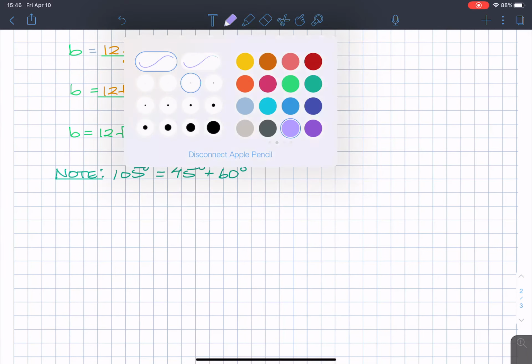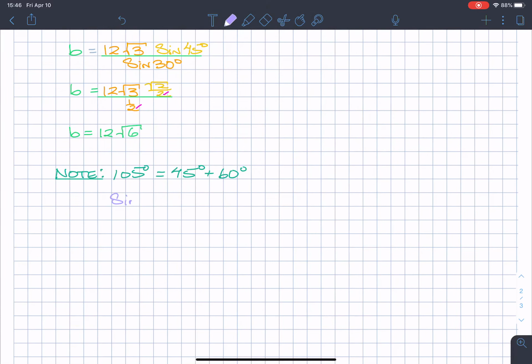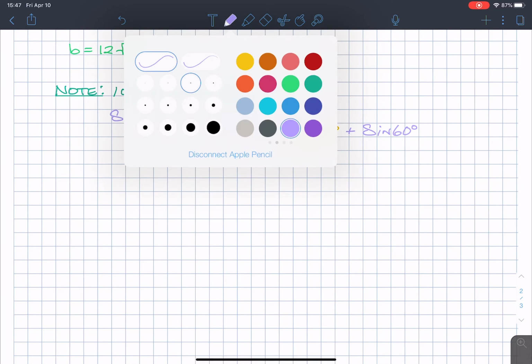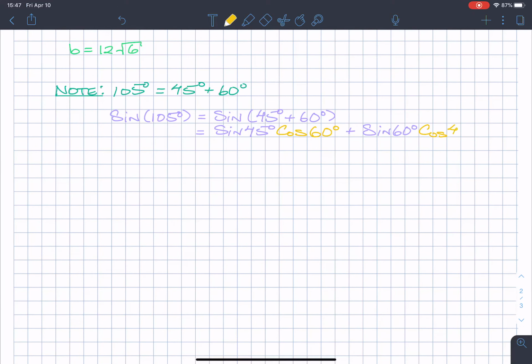So therefore, if I were to evaluate sine of 105 degrees, that's really sine of 45 degrees plus 60 degrees, which of course is sine of the first, 45, times cosine of the second, 60, plus sine of the second times cosine of the first.